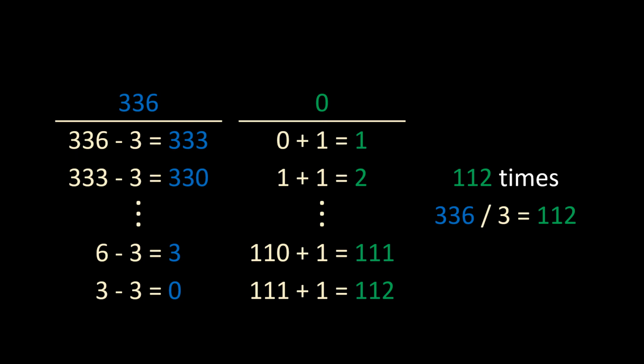Instead of subtracting 3 from 336 and adding 1 to the count, we subtract 6 from 336 and add 2 to the count. But why combine only 2 steps? Why not 10 or even 100? Well, actually, we can combine as many steps as we want.